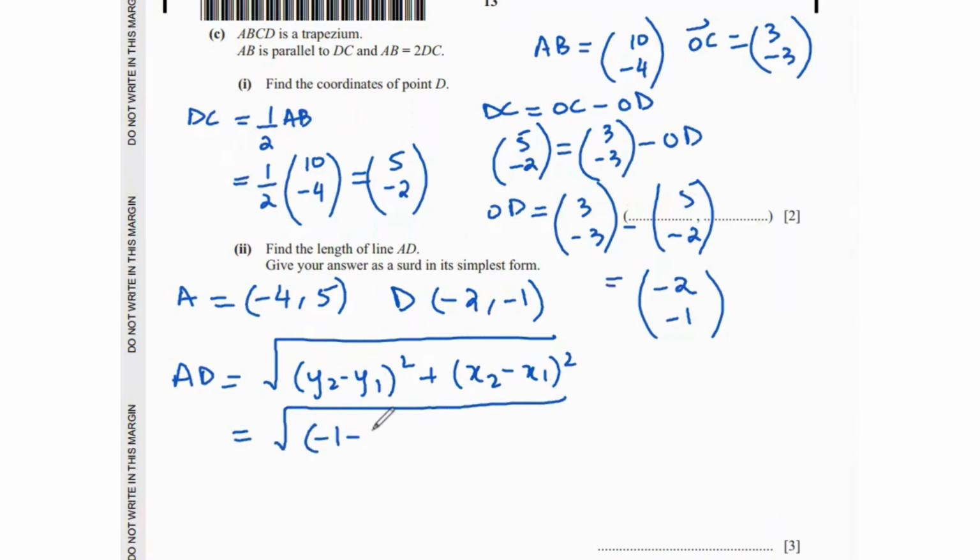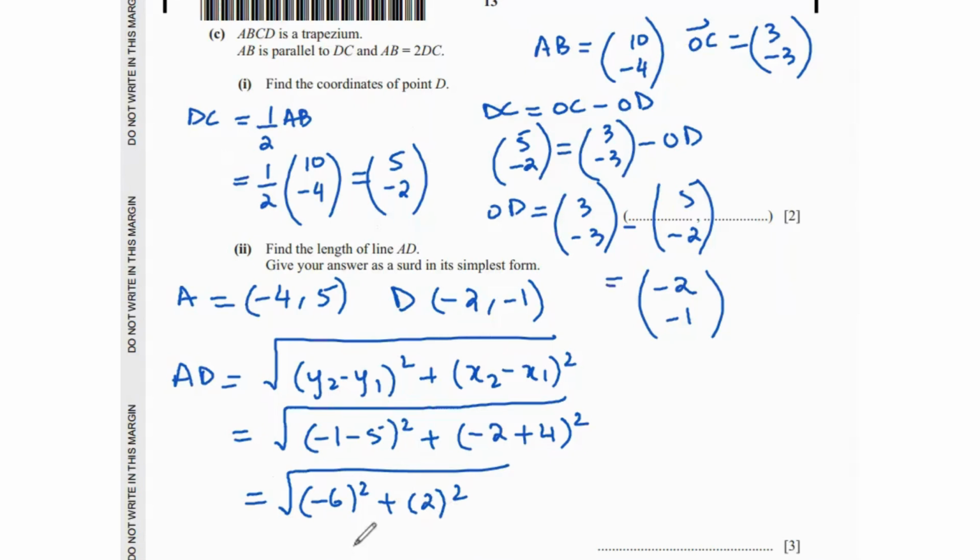So (-1 minus 5) squared plus (-2 plus 4) squared, (-6) squared plus 2 squared, 36 plus 4, which is root 40.